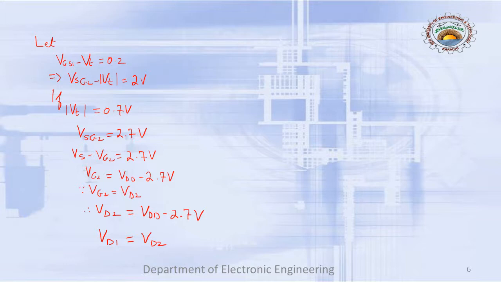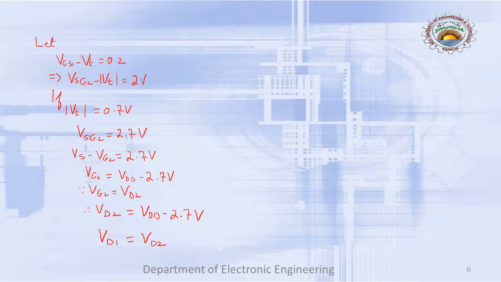So VG2 is equal to VDD minus 2.7, and it's a diode connected transistor, which means that VG2 is in fact equal to VD2. Therefore, the minimum value of VD2 is VDD minus 2.7 volts. So this is the kind of value that we have.